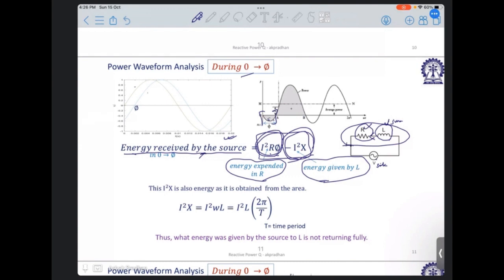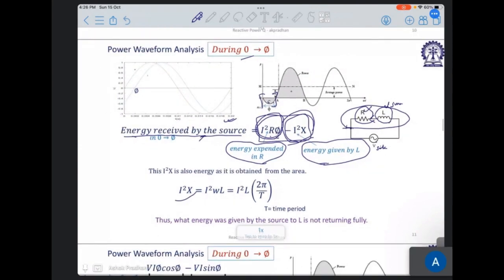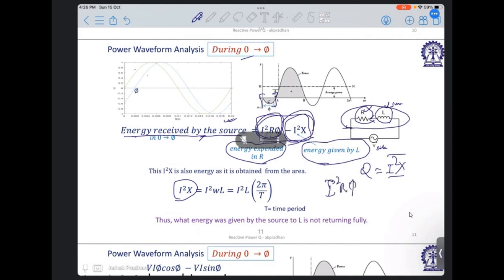When you look from the load side, this I square x is the reactive power, Q equals I square x. But in the 0 to pi period it comes not as power but as energy. Agree? And the first term, I square r phi, is power over 0 to pi.